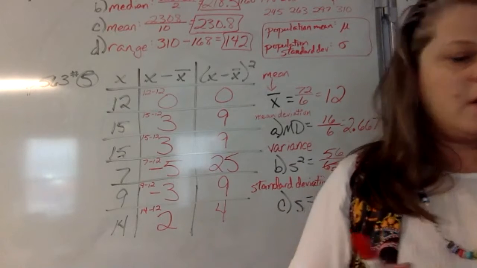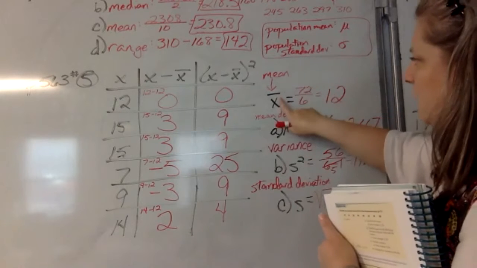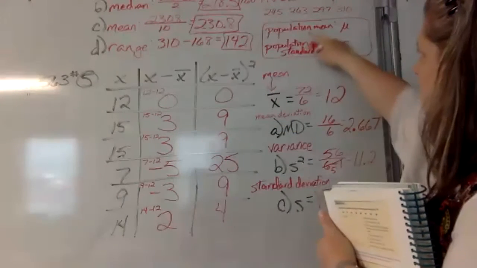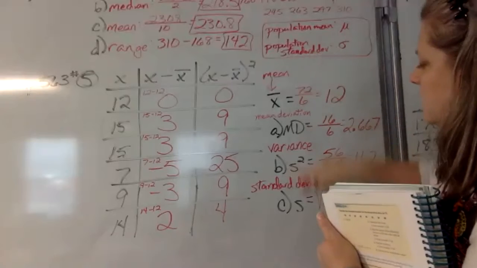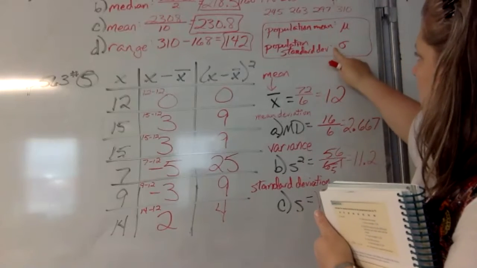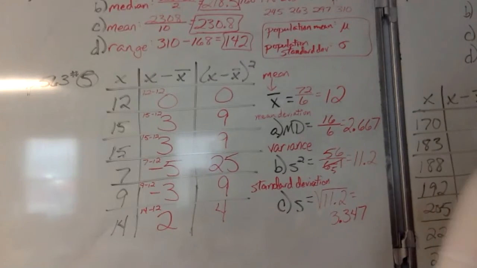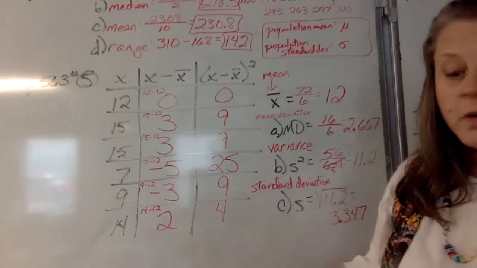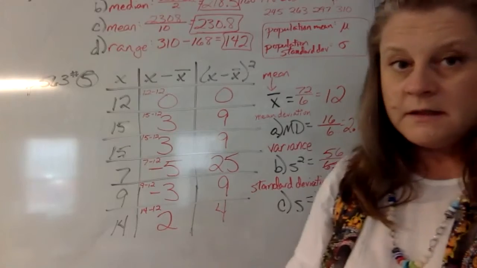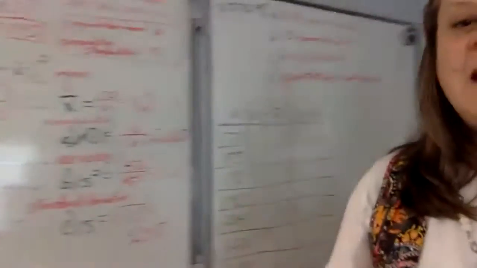So, the mean for our sample is this one. Population mean is this one. Standard deviation for our sample is this one. Population standard deviation is this one. But you have your book. Can you use your book when you're doing quizzes? Sometimes. I'm telling you you can.